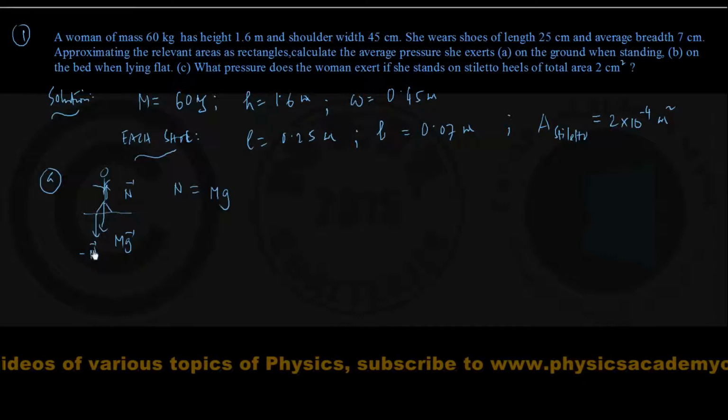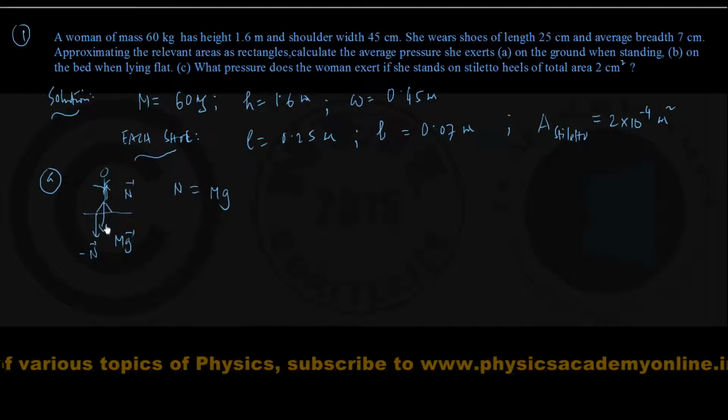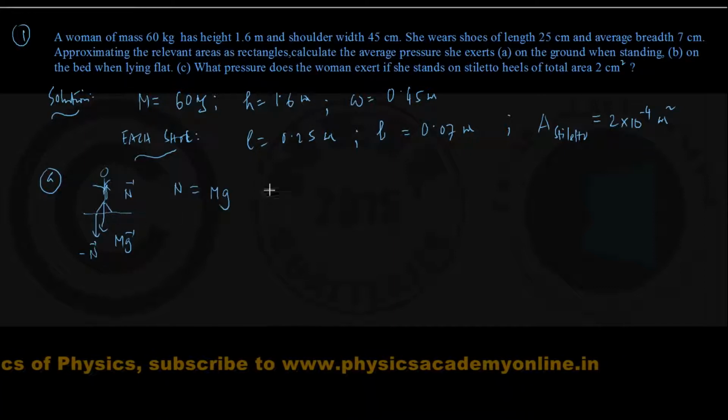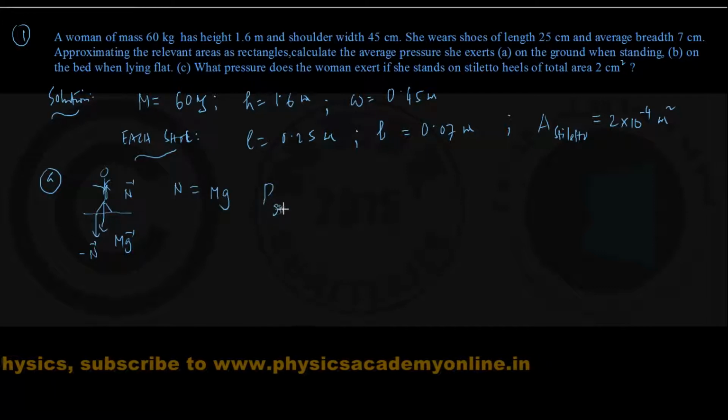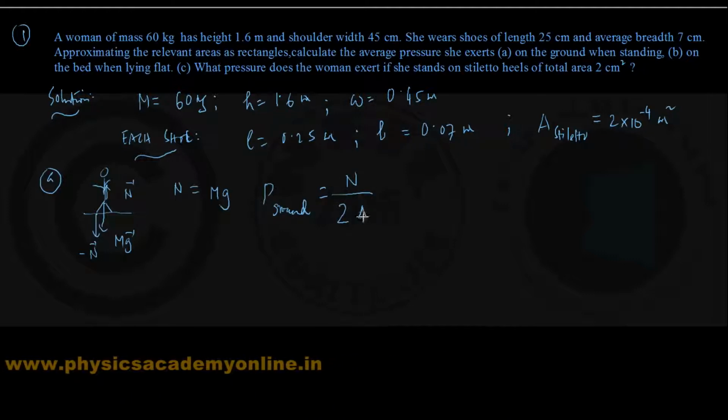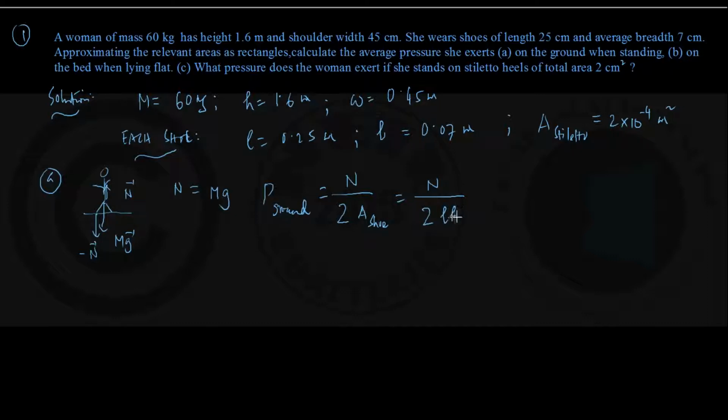So you see that this force N has the magnitude equal to the force of gravity acting on this woman's body. Therefore the pressure exerted by her on the ground in standing position is the normal force N divided by the total area of the two shoes, that is twice the area of each shoe. Since we are given the length and breadth of the shoe, we can approximate the relevant area to be a rectangle, so the area of each shoe is L into b.